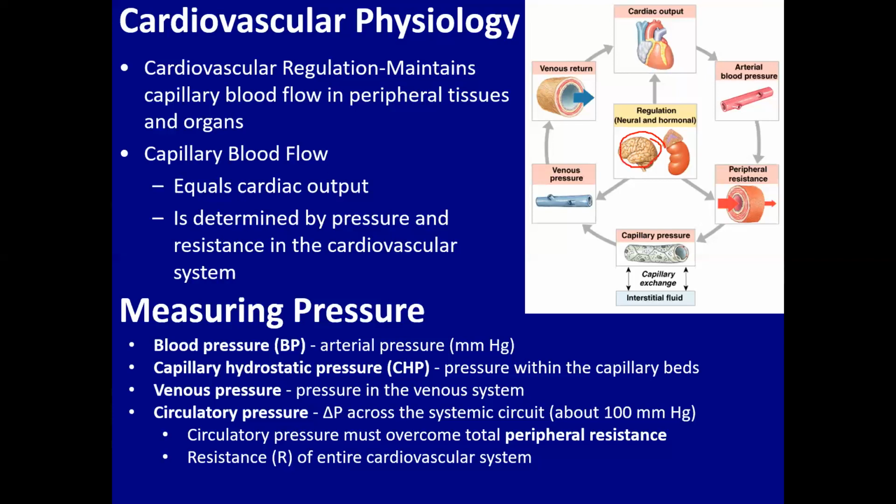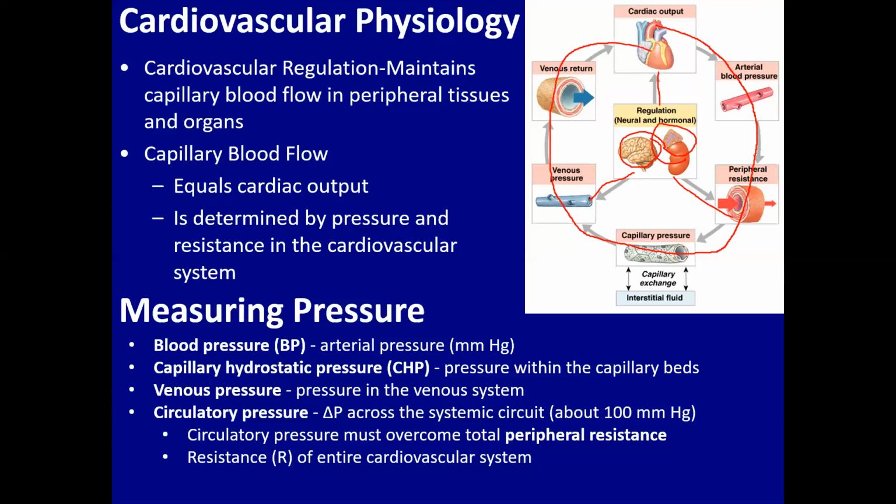So what is going to affect this blood flow and cardiovascular regulation? You have your nervous system and you have hormones that are going to regulate cardiac output, venous pressure, and peripheral resistance.